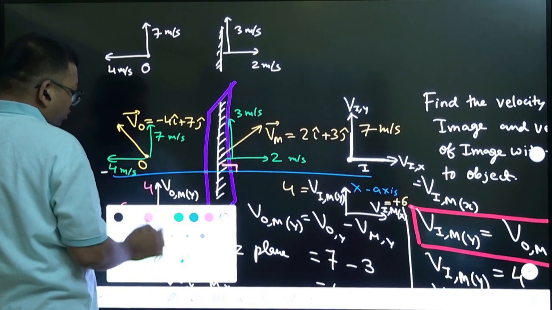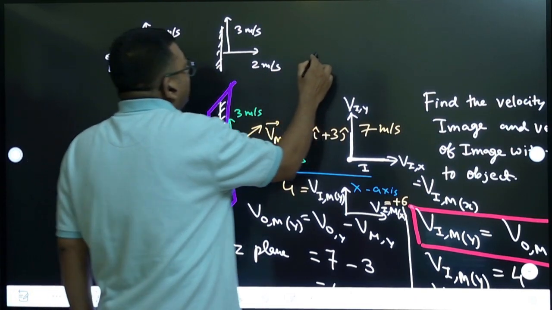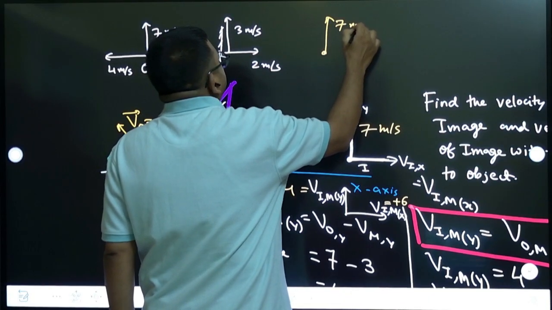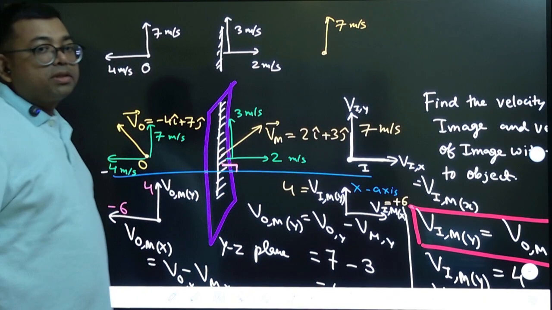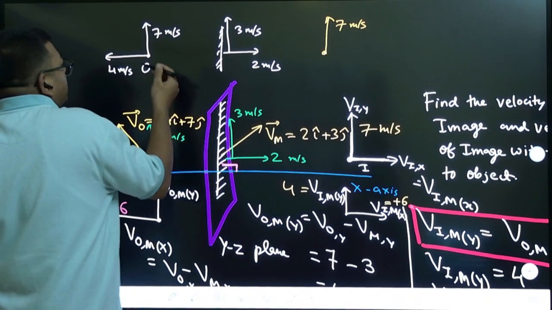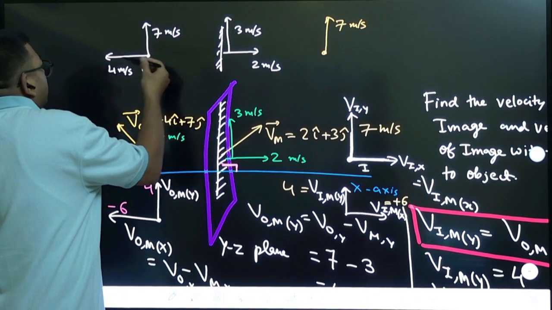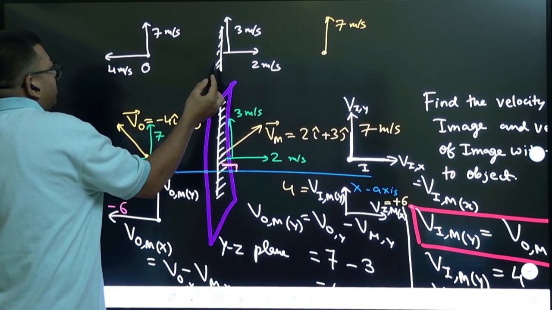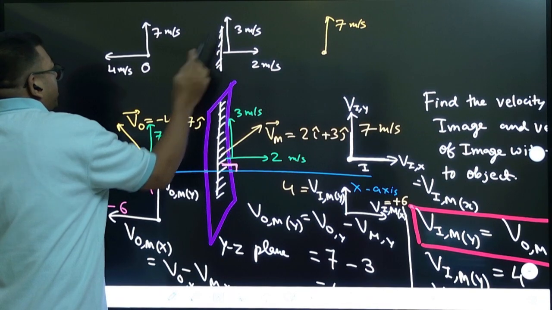So what you need to think is that the image will have image velocity along this direction with no change, that will remain 7 only. 7 meter per second it will remain, there won't be any changes. Now if you see here, if the object is going this way 4 with respect to the mirror, how much will it be?